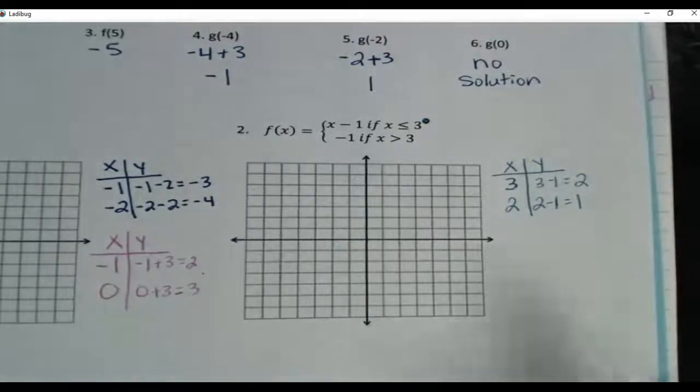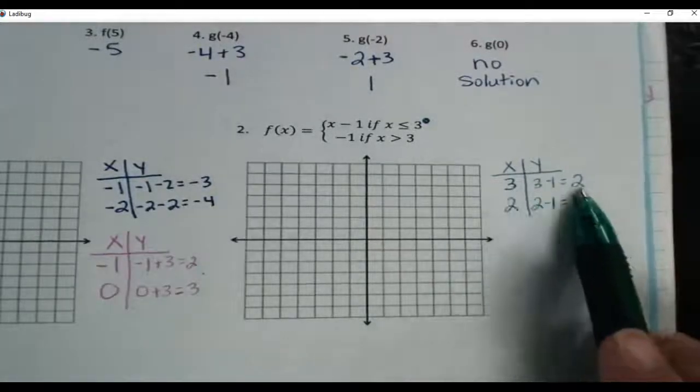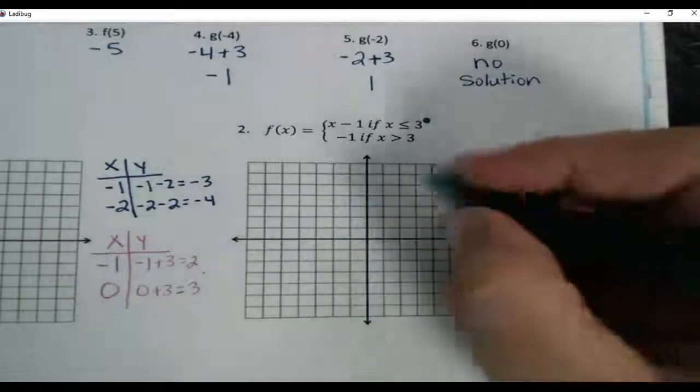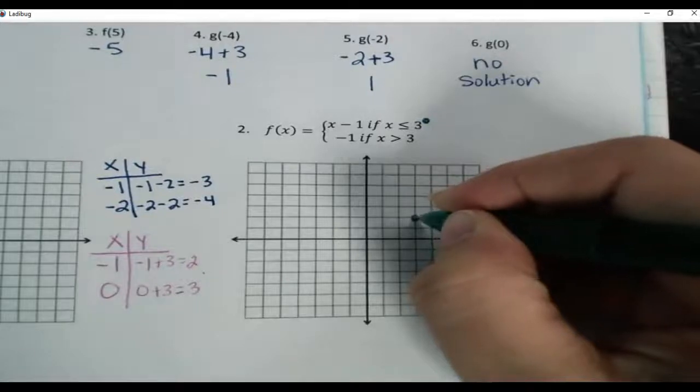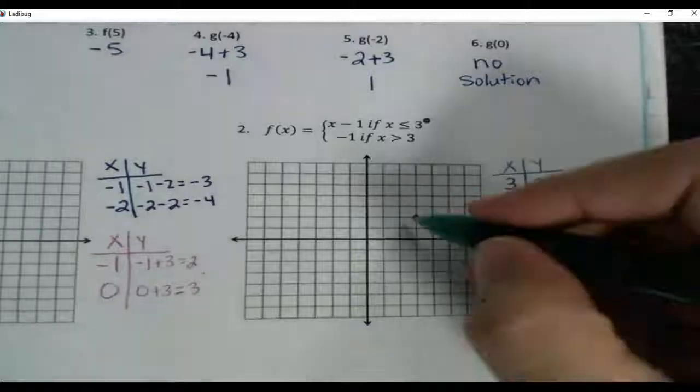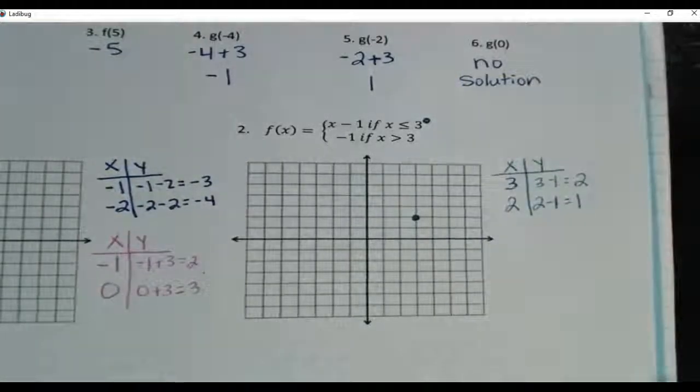So do I have an open or a closed circle at 3, 2? Closed. So we go 1, 2, 3, 1, 2, closed circle. And then our next point, 2, 1, again, it just tells us which way we're going.